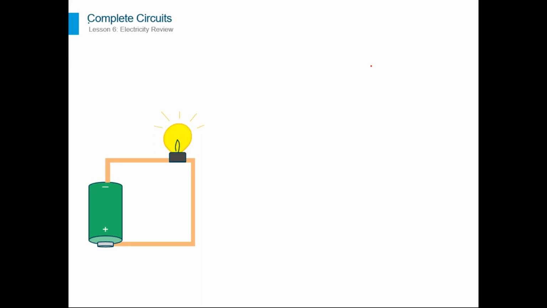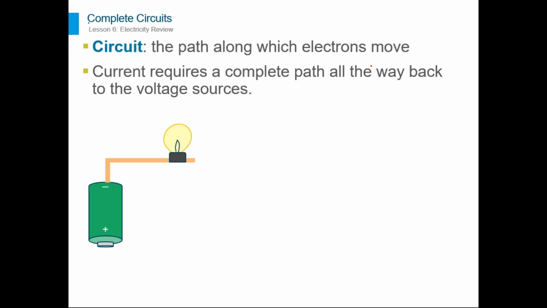Right now it's a complete circuit, it's lit. If you lose any part of it, the light bulb goes out because it's not being lit. And it could be just a small break in the circuit anywhere throughout that whole path.